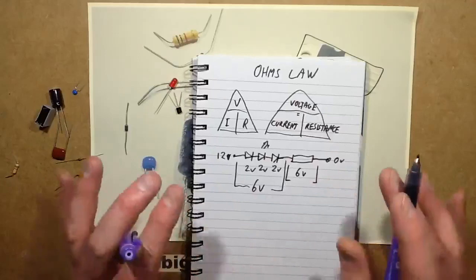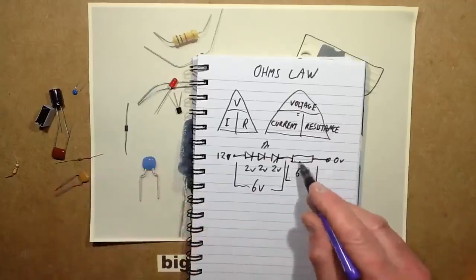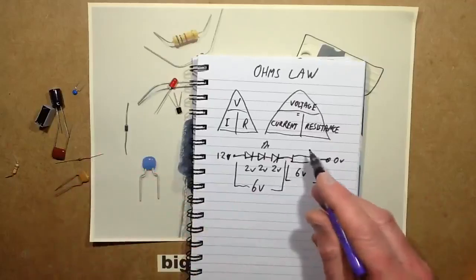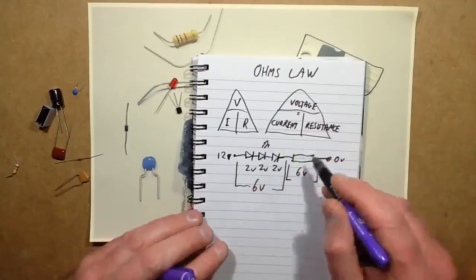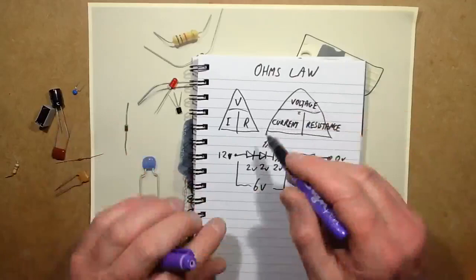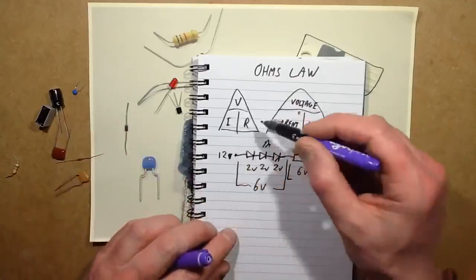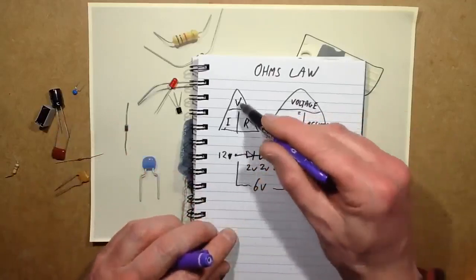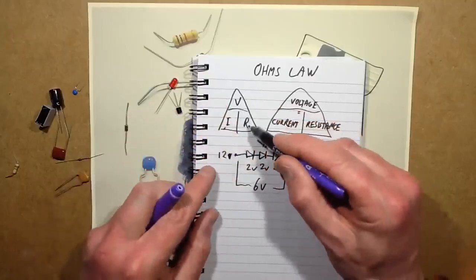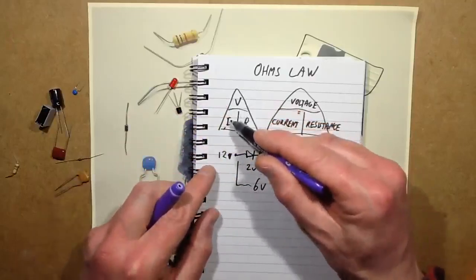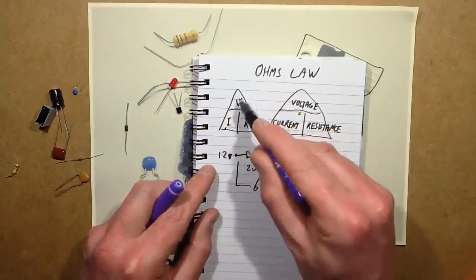So to work out the choice of the resistor value in ohms, you would use R equals V over I. Oh, sorry, I should mention here, V equals IR, but the reason I've drawn a triangle, voltage equals current times resistance, but if you want to reverse that formula, resistance equals voltage divided by current, and current equals voltage divided by resistance.